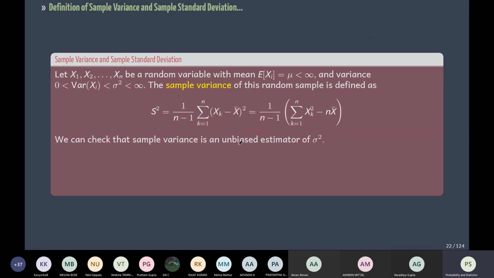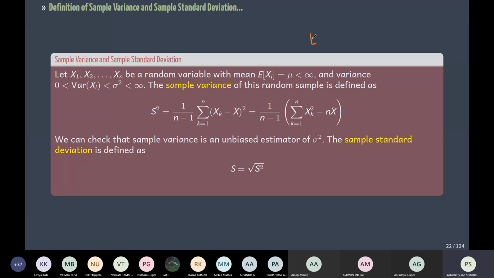We can check that the sample variance is an unbiased estimator of sigma squared. This is something we can check as an exercise.